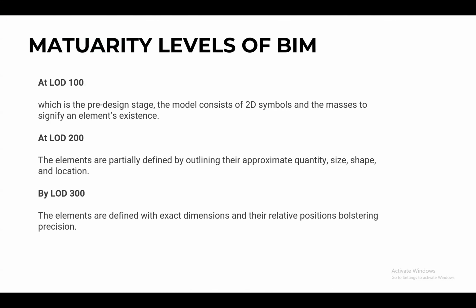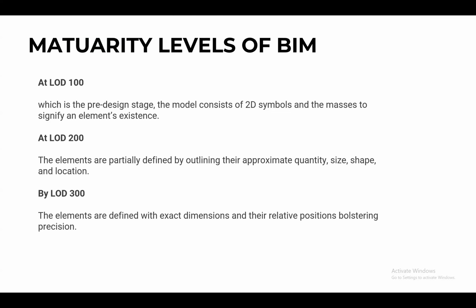Then we will discuss some boring theories about maturity levels of building information modeling. I will start with LOD 100, which is the pre-design stage. In this pre-design stage, you can only find 2D symbols, and sometimes you can identify bases. So this is a very preliminary model.